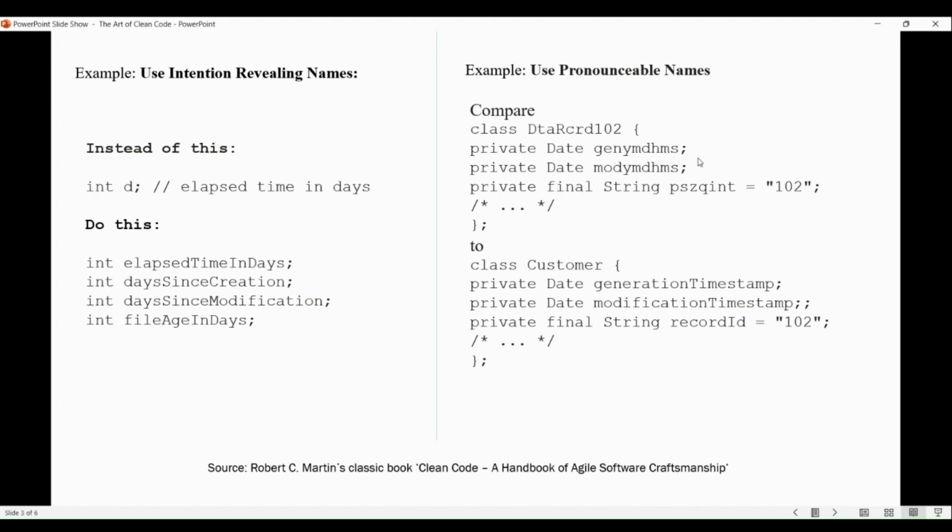Maybe you are trying to say generation year, month, day, hour, minutes, and seconds, but people will not pronounce it that way. So this is not the right way to name something. You have the intention in your mind and you are putting it in weird ways, just letting other people make clues out of it. It's better to create more pronounceable names like this.